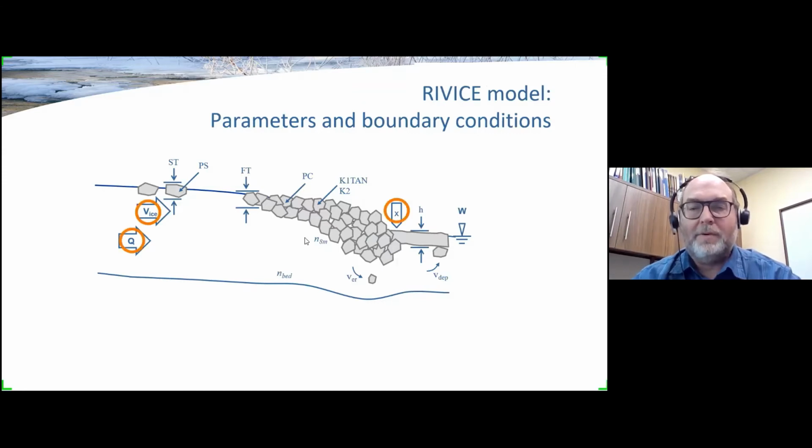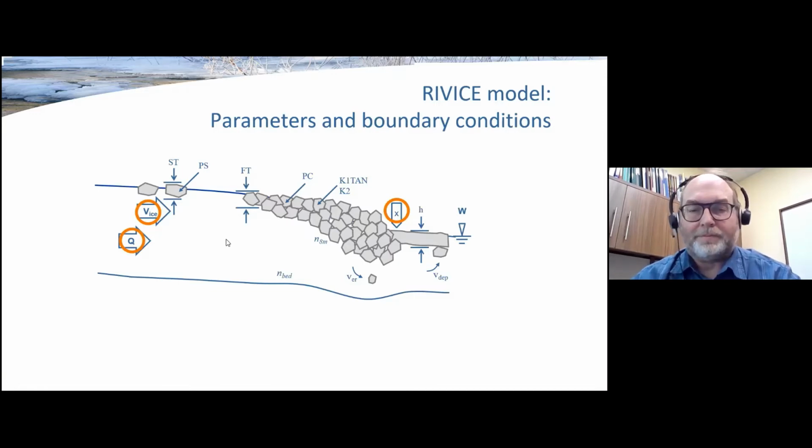But what I really want to concentrate on in this talk is the volume of ice, the volume that comes downstream to form your jam, your discharge as well, and then also the location of the ice jam toe, which can have a big impact too on the morphology of your jam and your hydraulic regime.